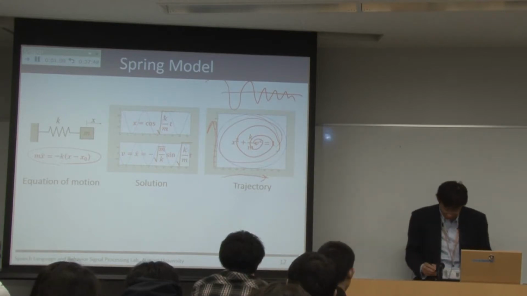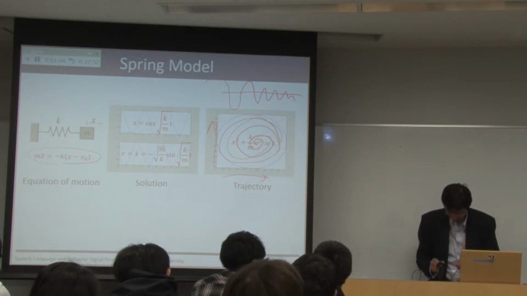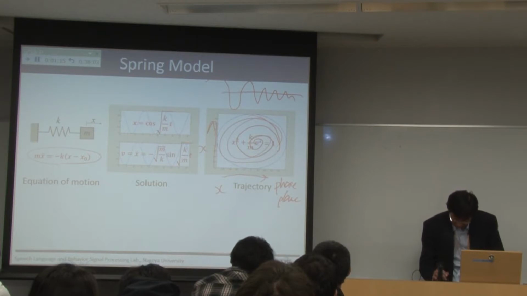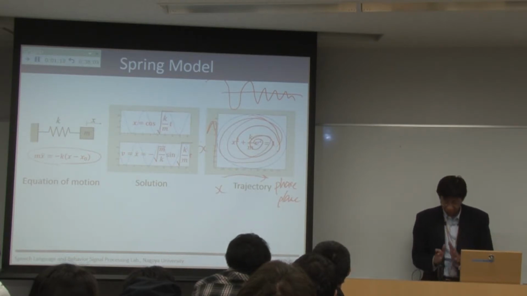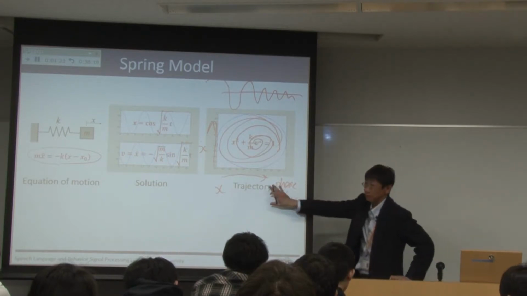Anyway, this plane is called the phase plane: x versus x dot. The relationship between displacement and its velocity is called the phase plane.